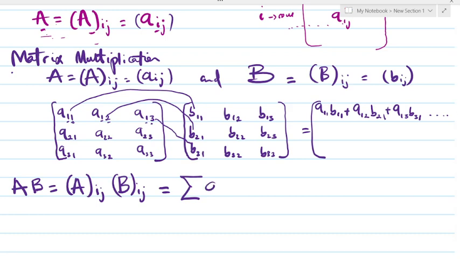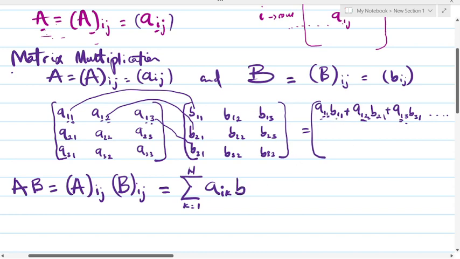We see that our row 1 is not changing, row 1, row 1, and that is i. The column for our A is changing, it moves from 1 to 2 to 3. So let's take that as k, with k equals 1 to n, for an n by n matrix. Then we have our B also.